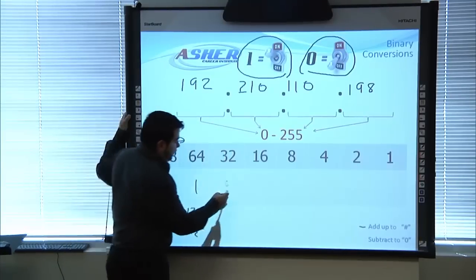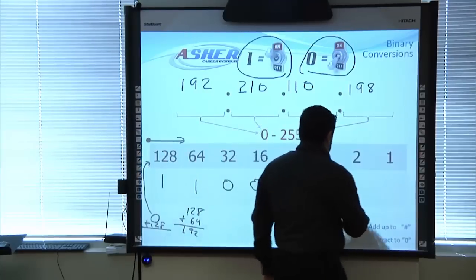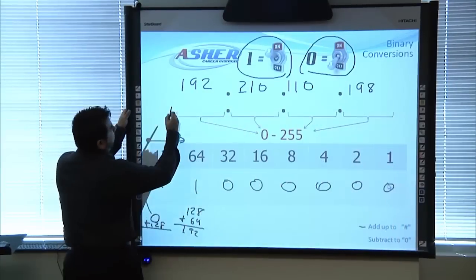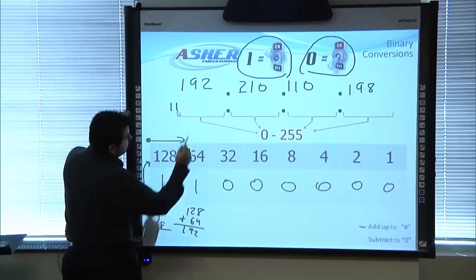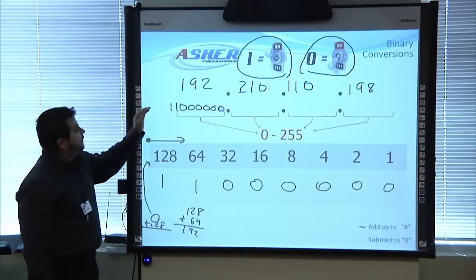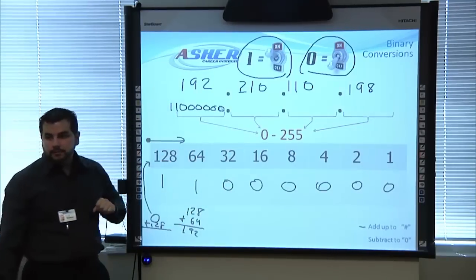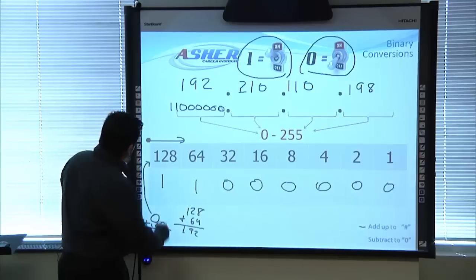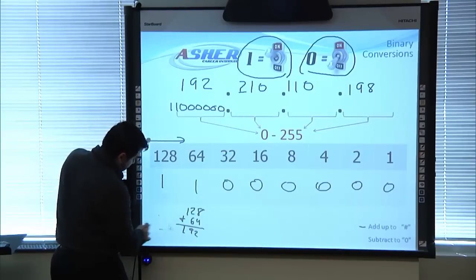No. All right. So the binary form is 1, 1. That is the binary form of 192. Okay? All right. Moving along.